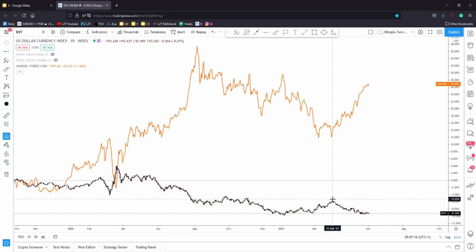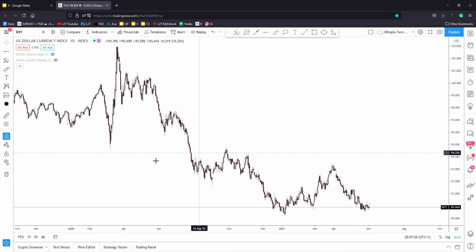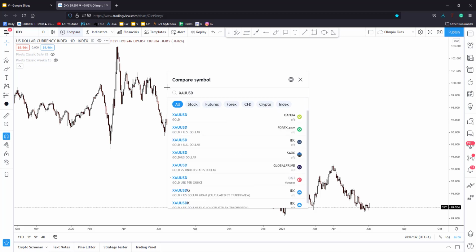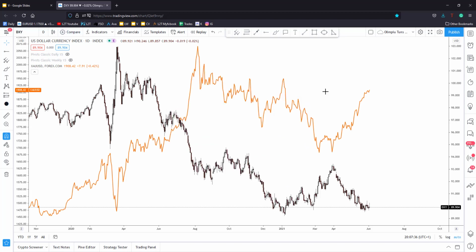Okay, you can see here that the DXY, the US dollar index, has decreased, and right now the price of gold increases, right? You can use this one as well in trading. Let's take a look again at the price scale. So you can see it here, because here the DXY drops, and right now the price of gold increases.